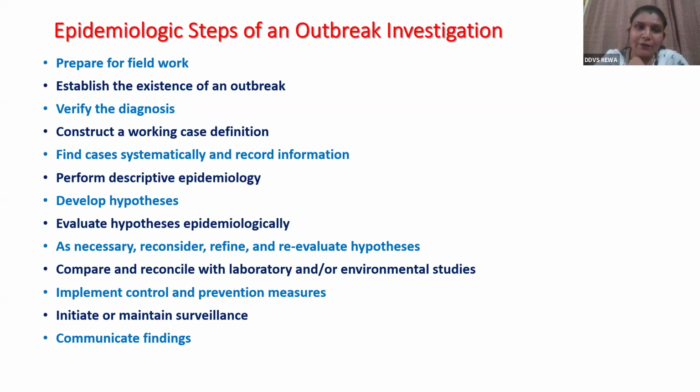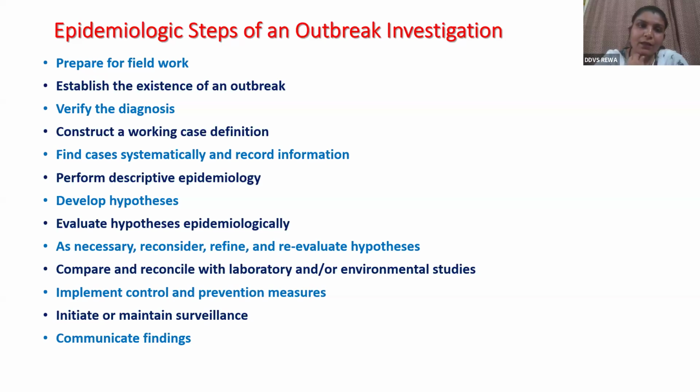On the basis of clinical manifestations and confirmatory diagnosis, we make a case definition. Once the case definition is there, we search for information about the 5 Ws, and the information provides an idea about the source of infection or source of origin of that outbreak.